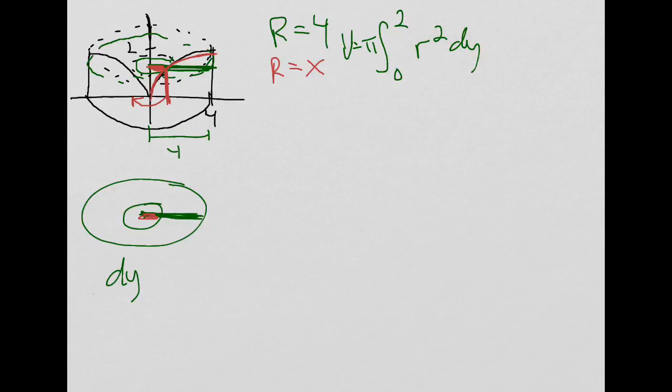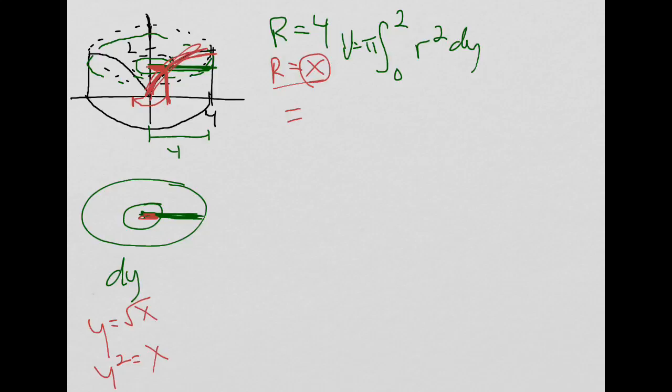So what I need to do is think about this red graph right here. I know that I want to do the x value of that, but I want to write it in terms of the y's. So I know that that graph is y equals root x. If I square both sides, I get y squared equals x, right? And that x is my radius.